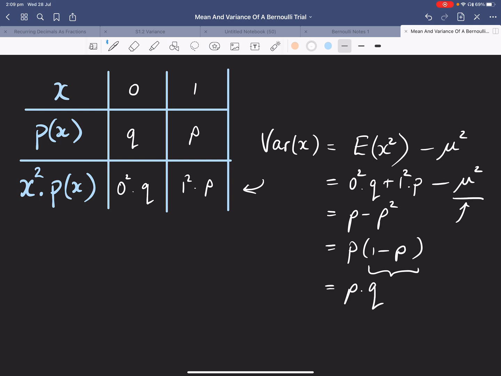The variance, which remember is the square of the standard deviation, for a Bernoulli trial is equivalent to the product of the probabilities for a success and for a failure. So we can make a generalized statement and say that the standard deviation for this particular experiment is going to be the square root of PQ.